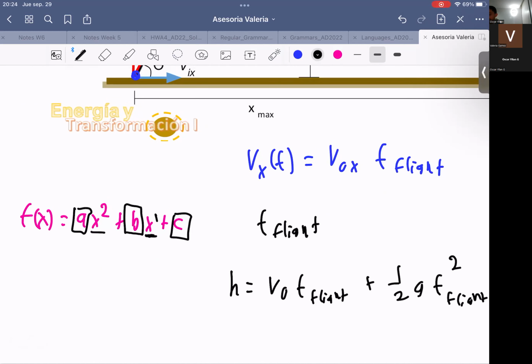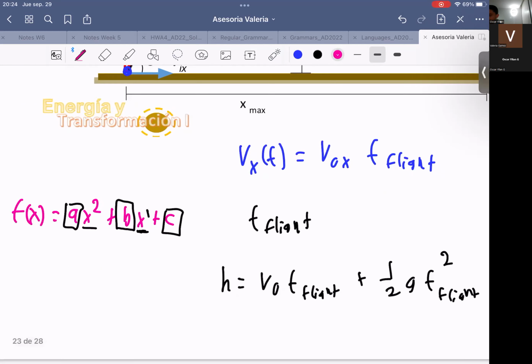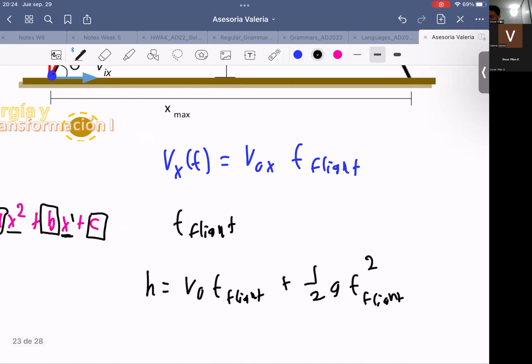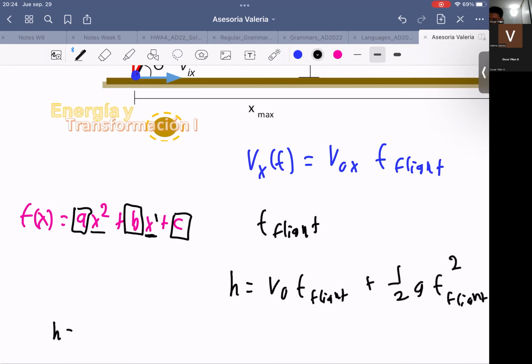The complete formula for this one will be H equals H0 plus V0t plus 1/2 G T squared.